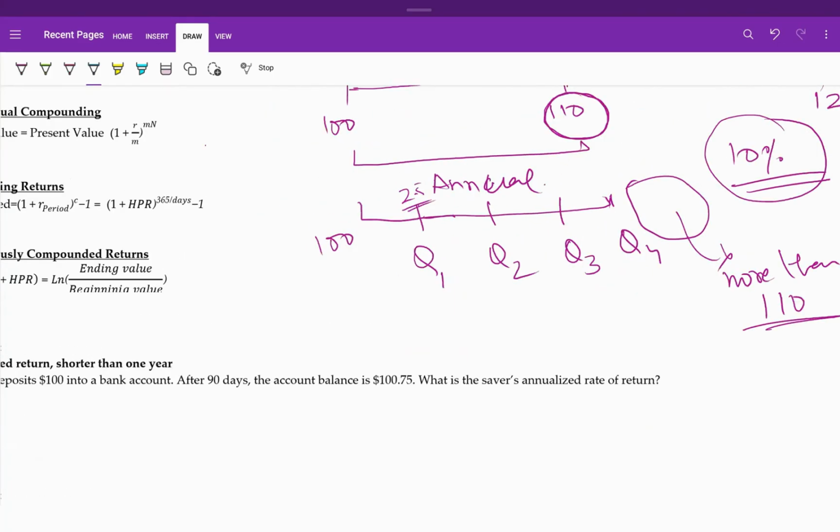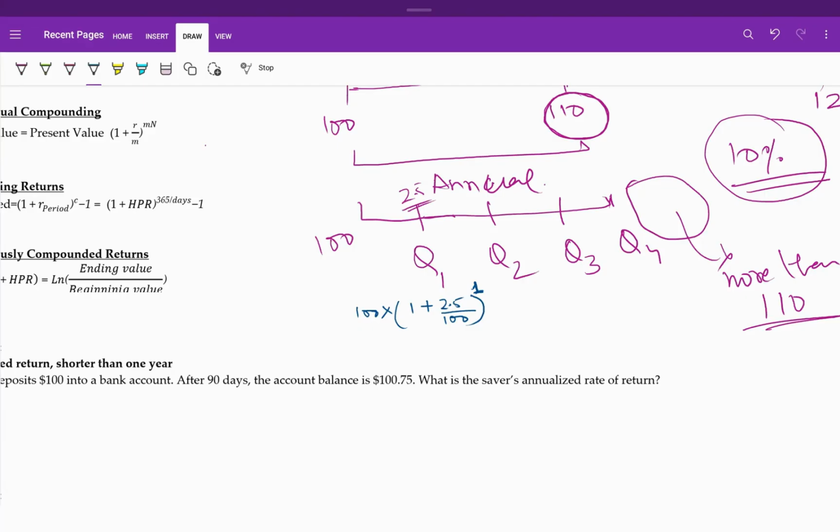I start with 100, times 1 plus the rate, 2.5 divided by 100, and the time is going to be 1, because I have also decreased the time here.